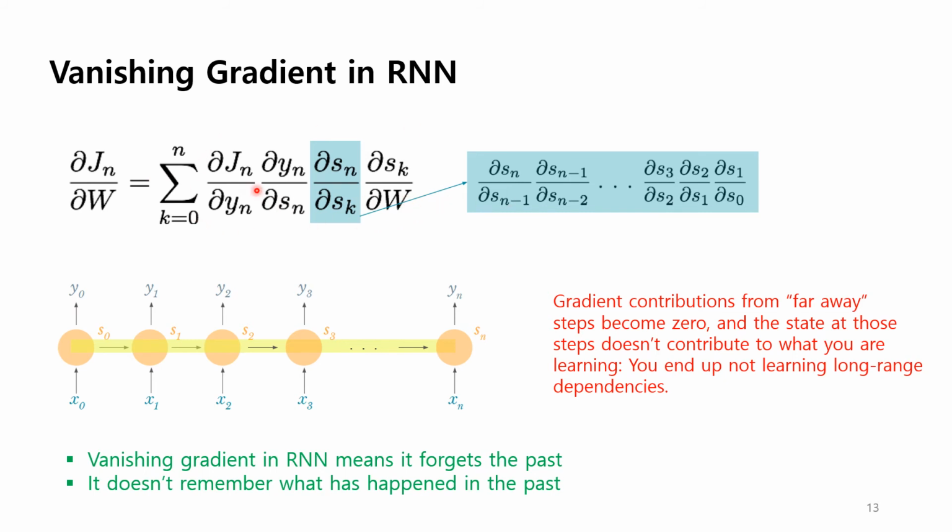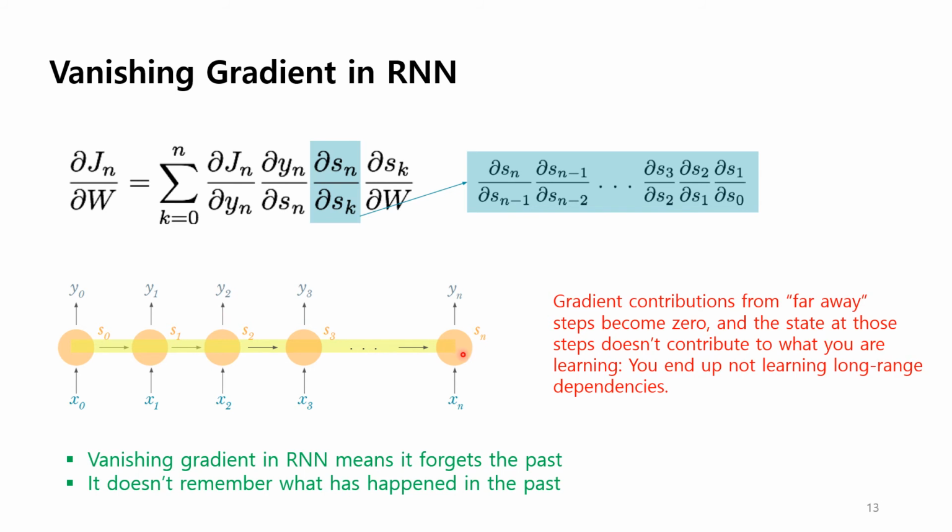To take the derivative of Jn with respect to W, you first have to take the derivative of Jn with respect to the output. And to take the derivative of the output Yn, you have to take the derivative of Yn with respect to the hidden state S at time step n. Okay, so keep going. Here, for every time step, you have to compute this.